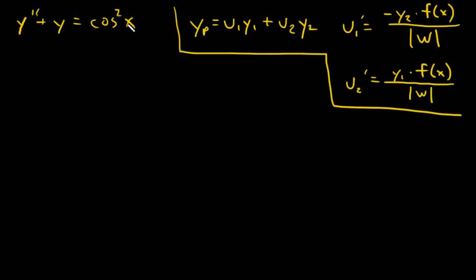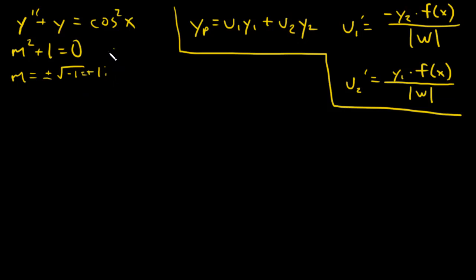Alrighty. You can see why this would be a difficult one to guess for, because we have cosine squared x, so it's going to be a little bit strange. First off, let's take care of the homogeneous part. We've got y double prime plus y, so our auxiliary equation is m squared plus 1 equals 0. That means m is equal to plus or minus root negative 1, or plus or minus 1i.